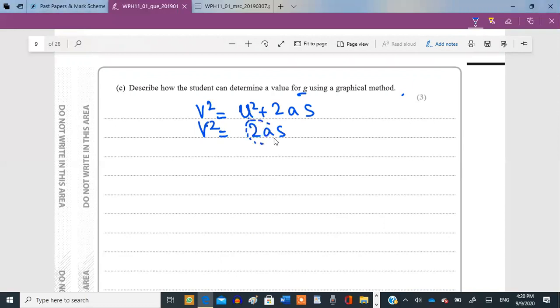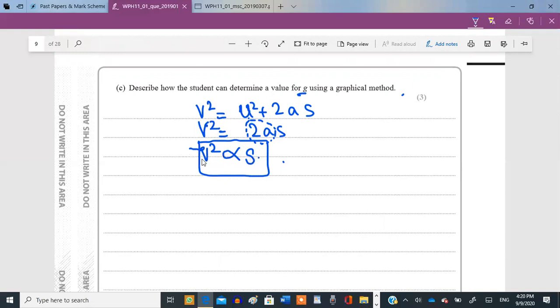The 2 and the a are constant. So we can draw an equation of v squared being proportional to s. We can develop this relationship. v squared is proportional to s, the distance from which it is dropped.